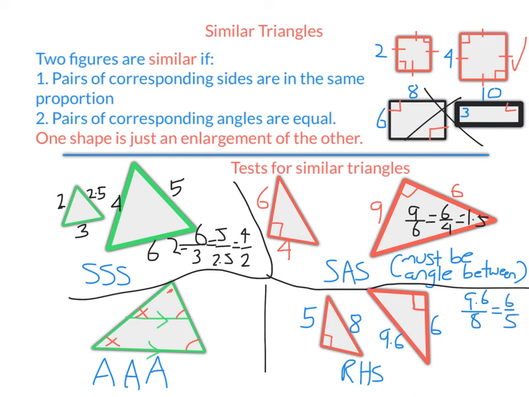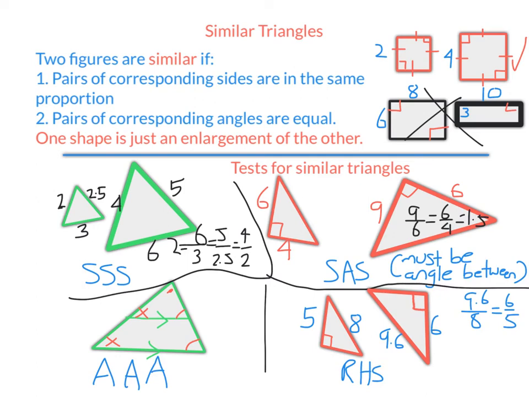I have two pairs of corresponding sides in the same proportion. This side's 1.2 times that side. This side's 1.2 times that side. Now notice this time it's not the angle between the two pairs of sides in the same proportion. What I have is R, a right angle in both, and I have the hypotenuse in the same proportion as another side.